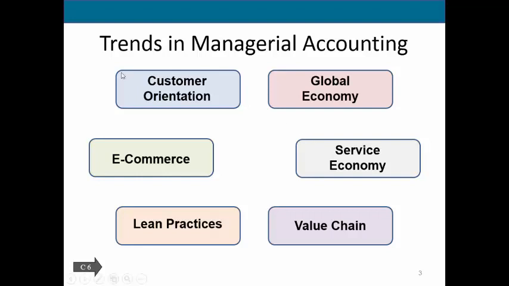So we're looking at a focus on customer orientation. We're looking at a focus on service. E-commerce is becoming very important, doing commerce electronically, whether or not that means that our different systems work together, and that goes along with these ideas of lean practices and value chains. You'll see manufacturing companies now using e-commerce to work directly with their suppliers.